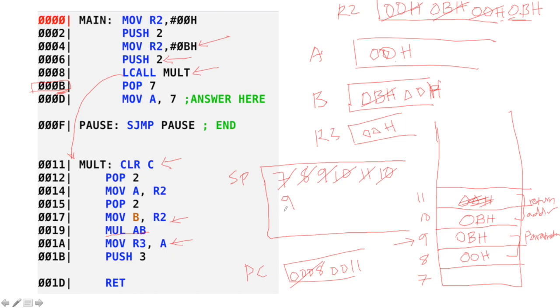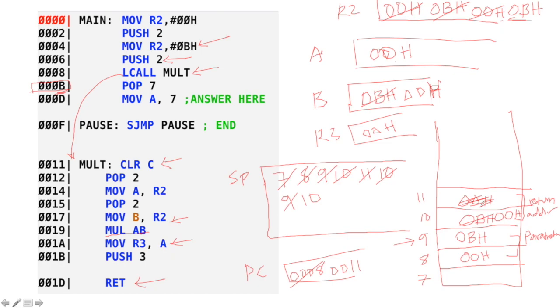So push is pre-increment, so make it 10. The current pointer is here, so this becomes 00 on the stack. Once we have pushed, the next instruction is to return. So what happens in return?